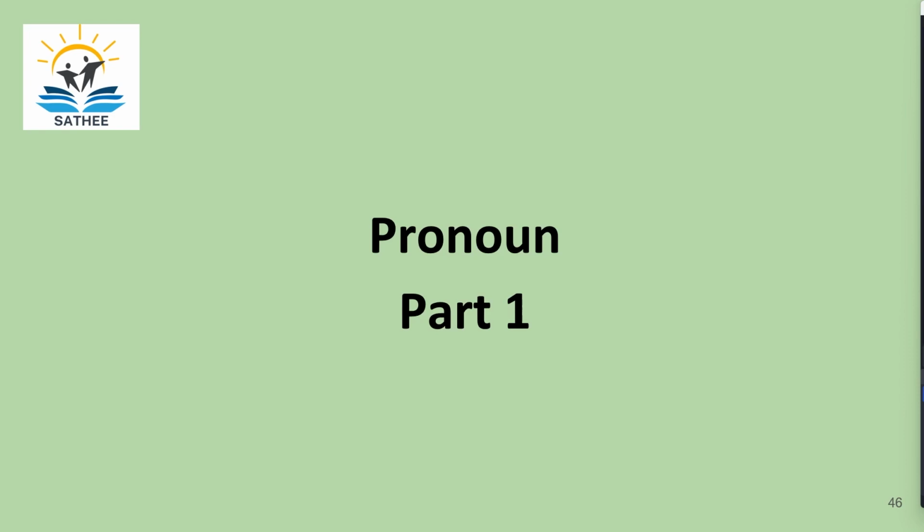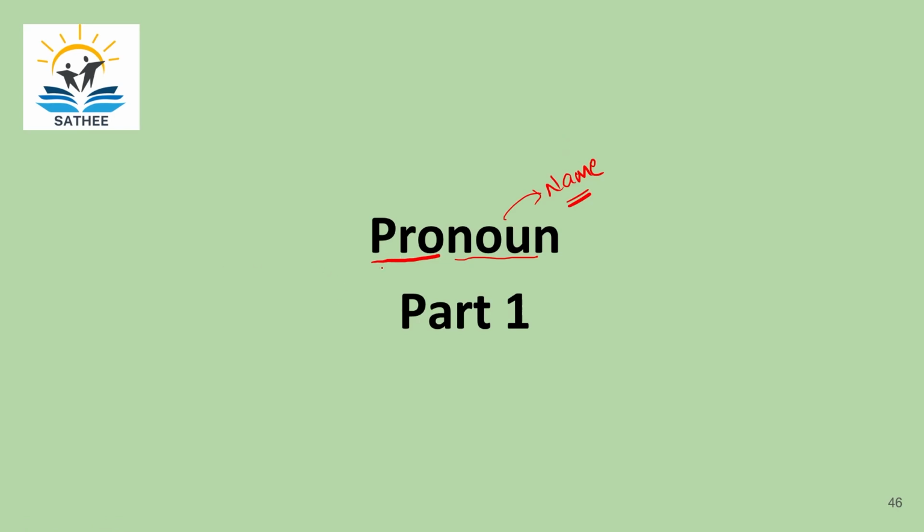Now, what is pronoun? Let's be clear about pronoun, what is the meaning of this word. If we see this word pronoun, it can be divided into two parts. One is pro and the other is noun. Noun is actually the name of anything or everything, which we have already learned in our previous chapter.